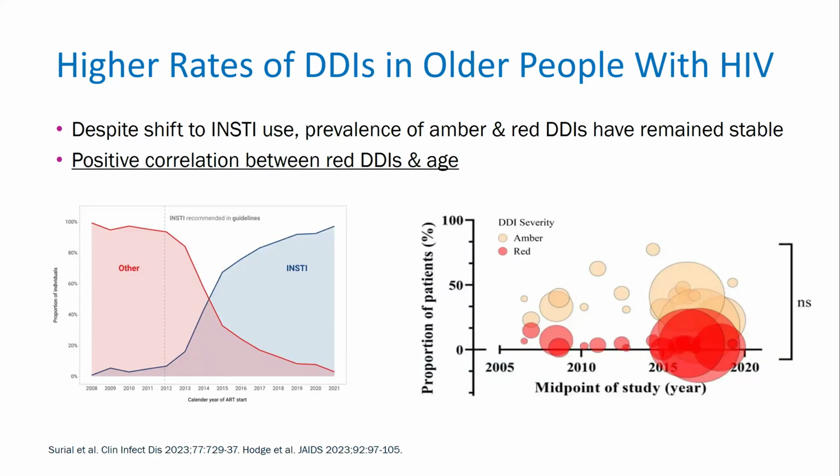If you look at this figure on the right, it represents results of a systematic review of studies which reported the prevalence of clinically significant drug-drug interactions from 2006 to 2018. And over this period of time, the prevalence of amber and red interactions, so moderate and severe interactions, remained stable. And there was also a positive correlation between more severe interactions and increasing age.